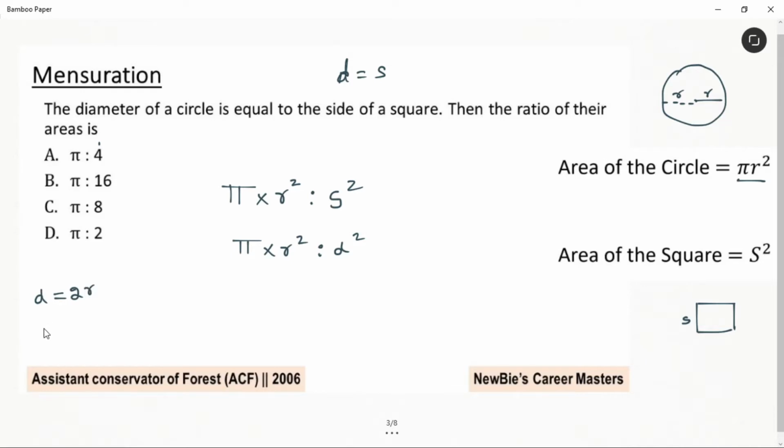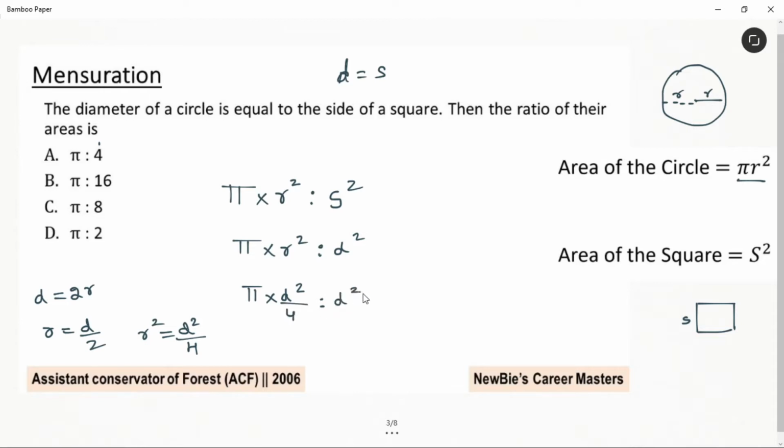Then take the value for r: r is equal to d by 2. We need the value for r square. R square means squaring on both sides. We get d square by 2 square, which means 4, right? Yes. Instead of r square, you can replace it with d square divided by 4.